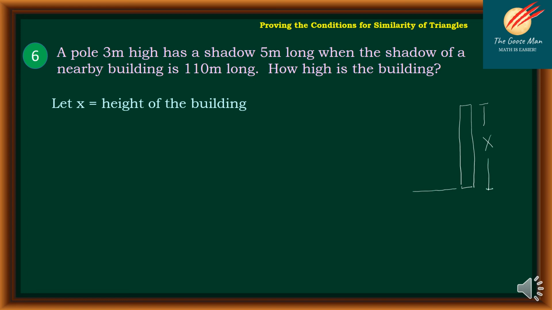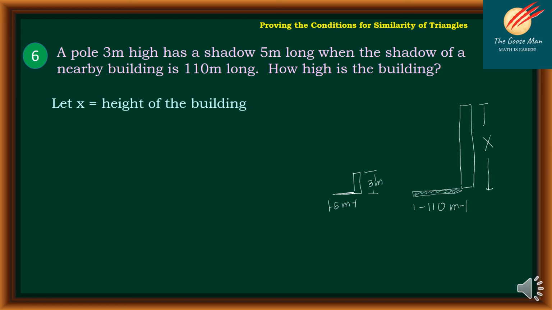And the shadow is equal to 110 meters. On the other hand, there is a pole, and the height is 3 meters, and the shadow is equal to 5 meters.